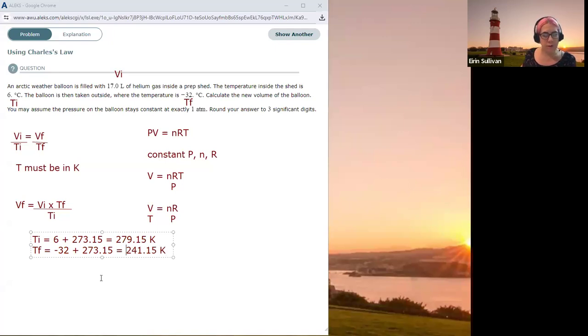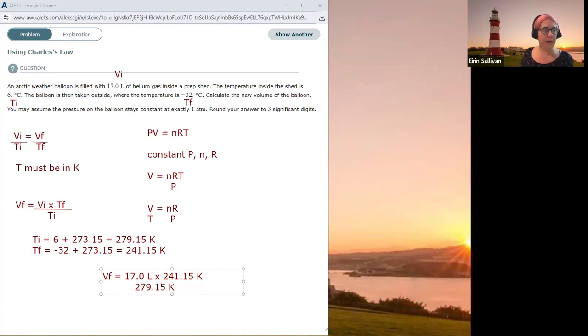Okay, so my final volume then should be initial volume, which is 17 litres. And again, unit-wise, I'm going to see that those Kelvins are going to cancel out. So I'll end up with my final volume in litres, which is fine by me. The final temperature was 241.15 Kelvin, and my initial temperature was 279.15 Kelvin.